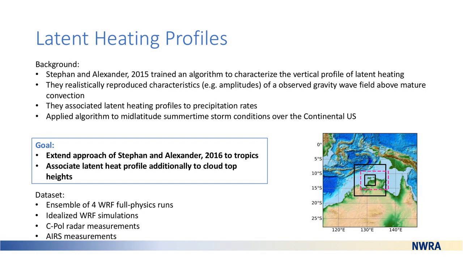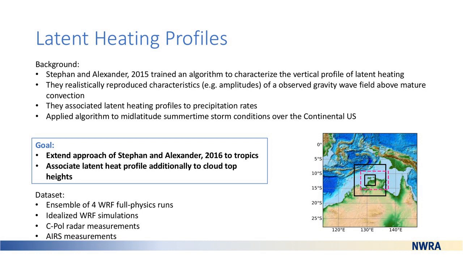In our study, what we use is an ensemble of four full physics runs. We also use the WRF in an idealized mode in order to study the impact of including the echo top height in the lookup tables.